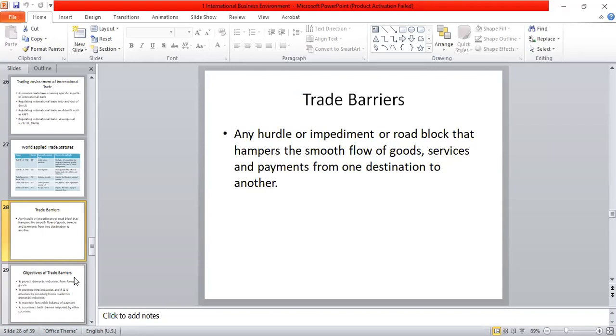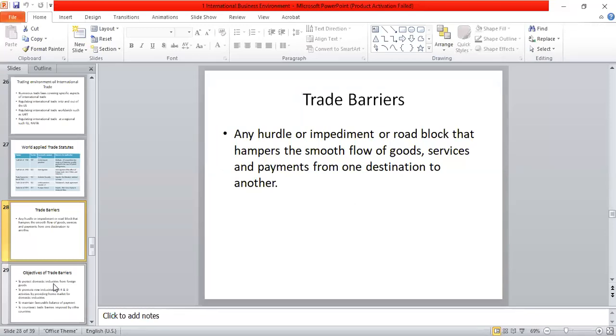Why did the government do that? Because they want to discourage exporting onion, because it should be available in our country, so that our people will have that commodity at an economical rate. So these barriers are created by the government, imposing more tax.